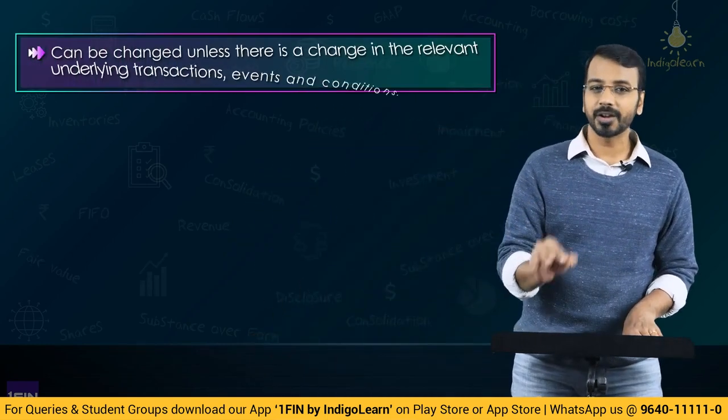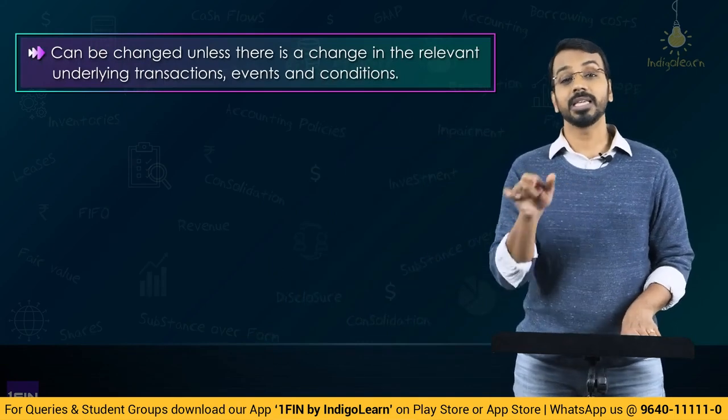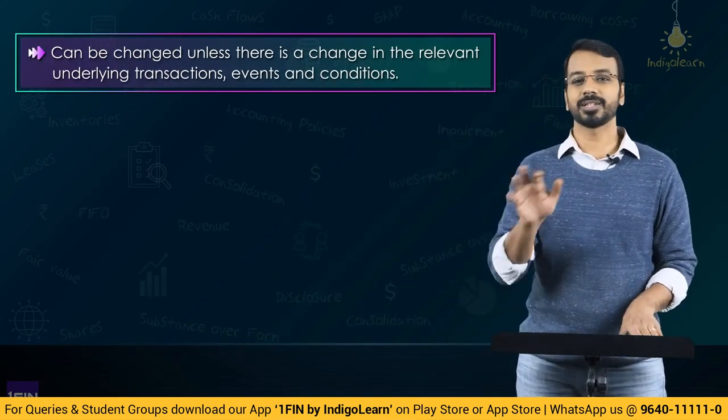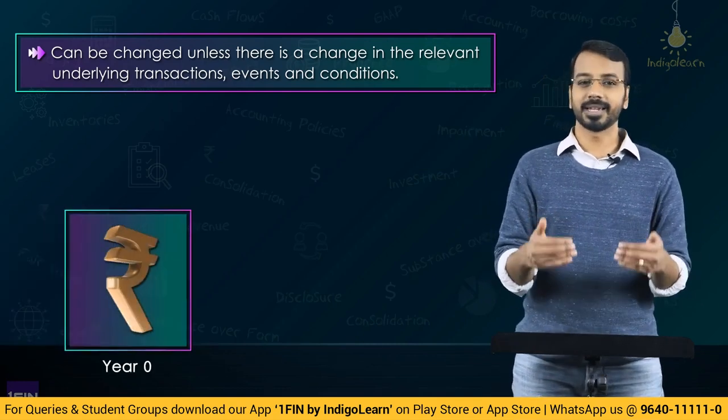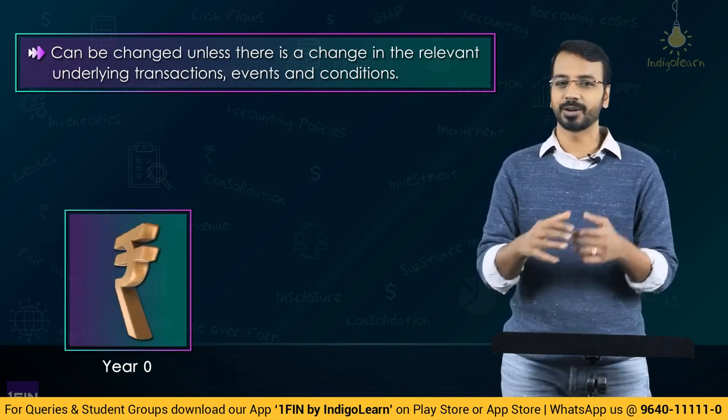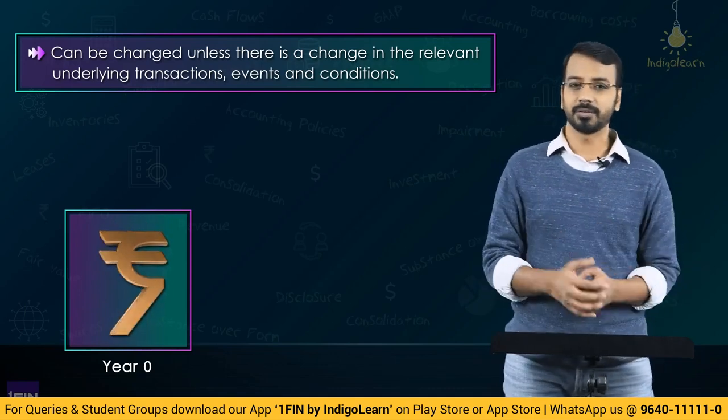So for this, the standard has put out very simply that functional currency is decided based on underlying events, circumstances and transactions, and you should change a functional currency only when those events, those circumstances, those transactions undergo a change. What does that mean? Say for example, in this year, my functional currency is INR because my operations are based out of India, a lot of customers are based out of India.